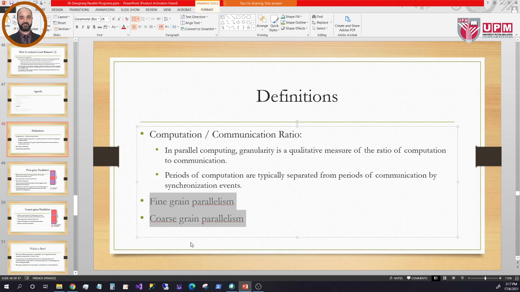So threads could be coarse, could be fine. The tasks or functions assigned to a thread to finish could be very big and also could be very small. If very big, it will be coarse granularity, and if very small, it will be fine granularity.